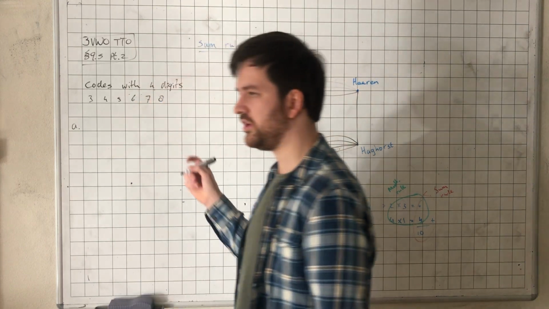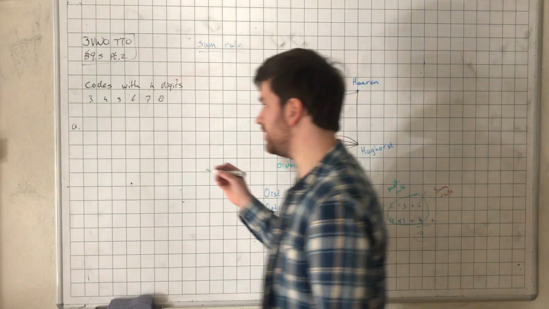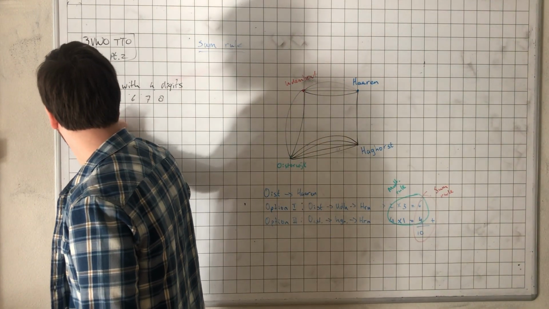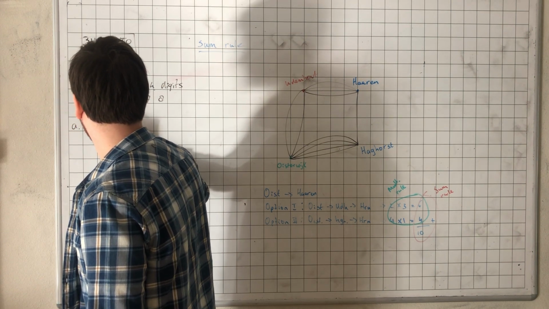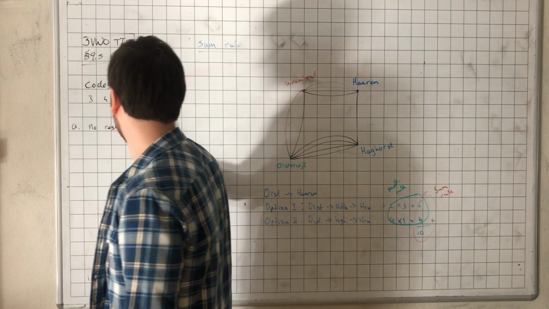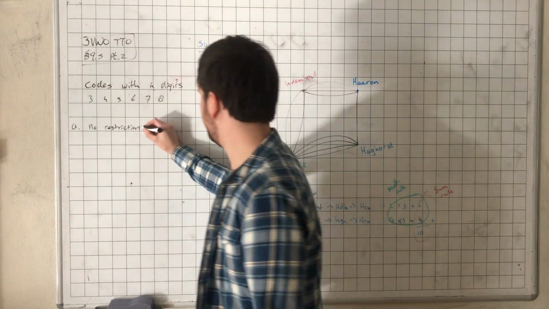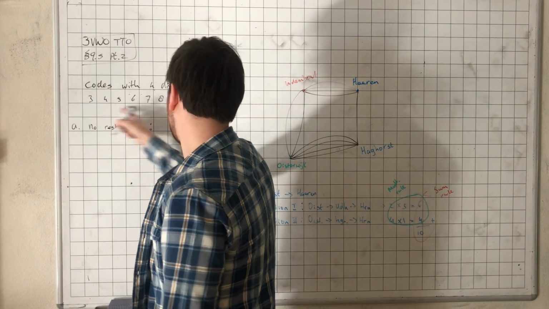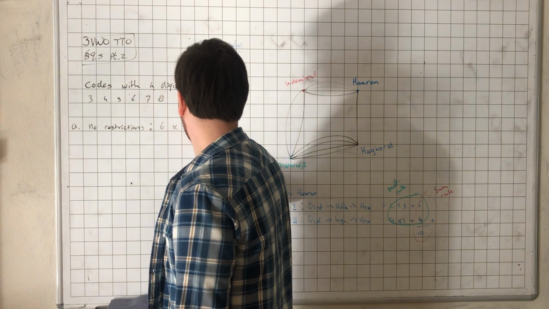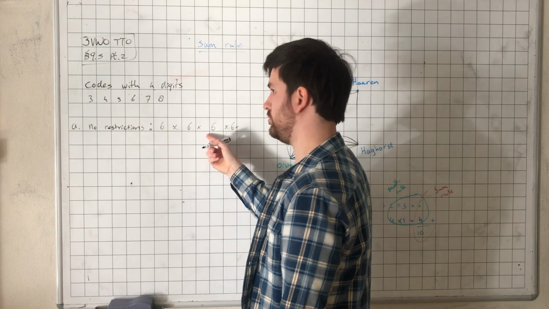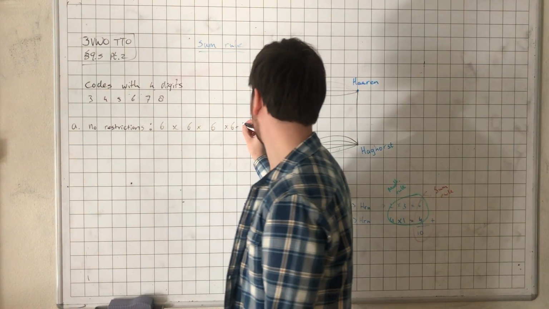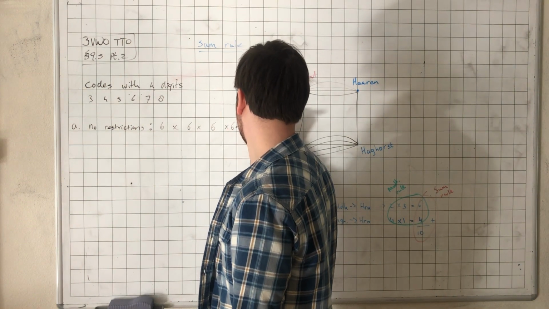Okay, and if you want to calculate the total amount of combinations, that's easy. Because there are 6 different numbers, that means that the total amount of codes, so no restrictions, or basically no further restrictions, because we still can't use the number 2, is 6 times 6 times 6 times 6, which gives you 1296.